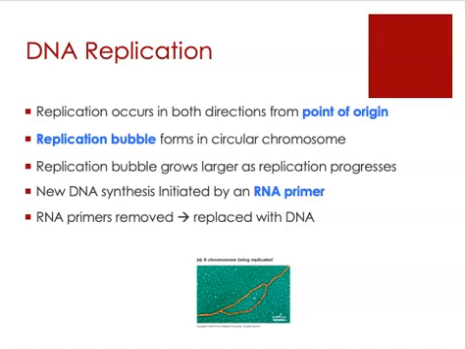The bases in the RNA will be complementary to the bases in the DNA strand, so that piece of RNA will stick to the DNA and give the DNA polymerase enzyme a place to begin making new DNA. After the entire DNA molecule has been copied, the RNA primers will be removed and replaced with DNA so that we'll have only DNA in the new DNA molecules.